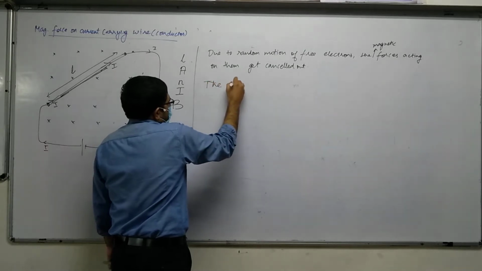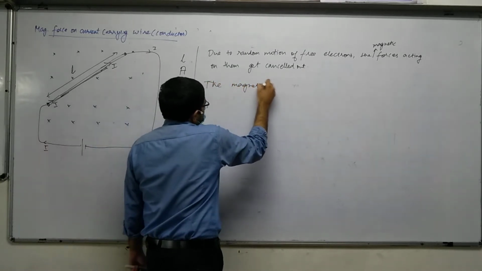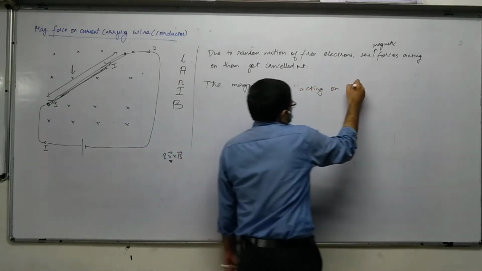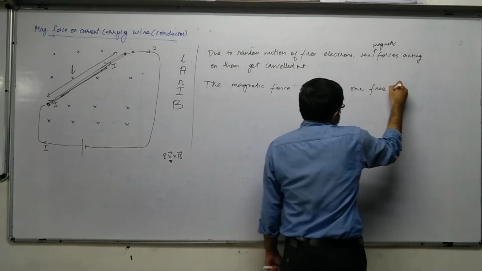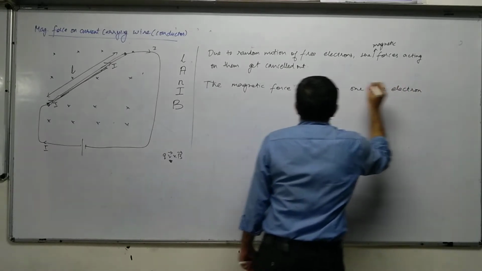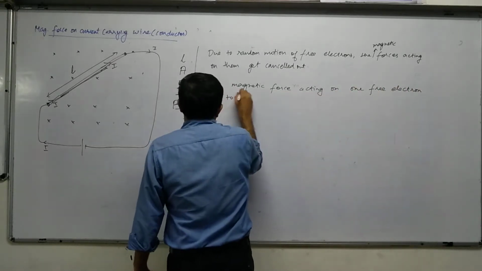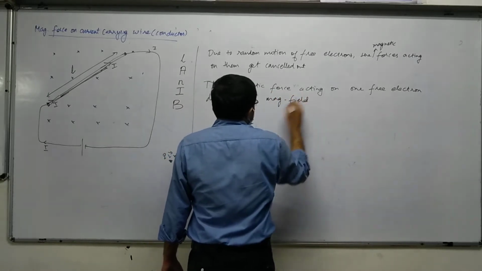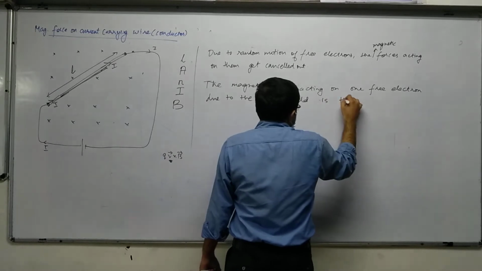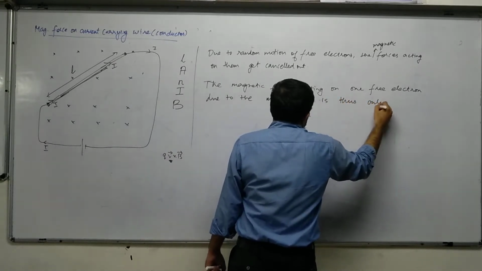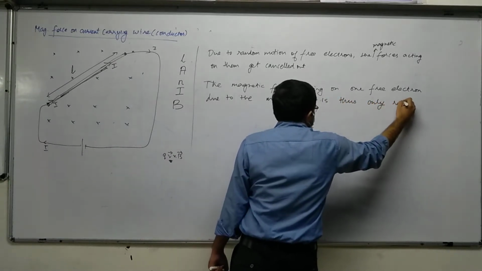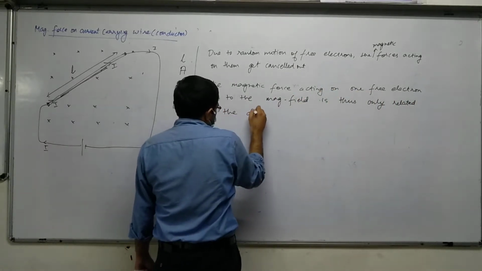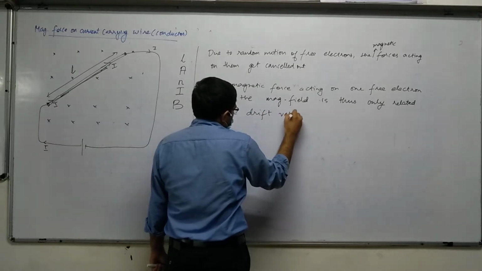Okay. So now the magnetic force acting on one free electron due to the magnetic field is thus only related to the drift velocity.